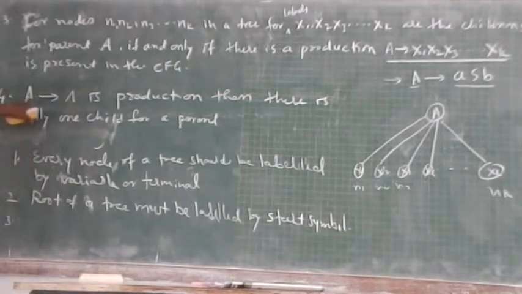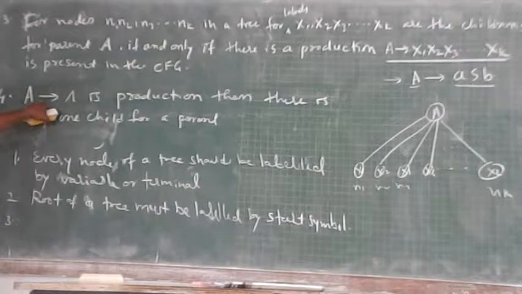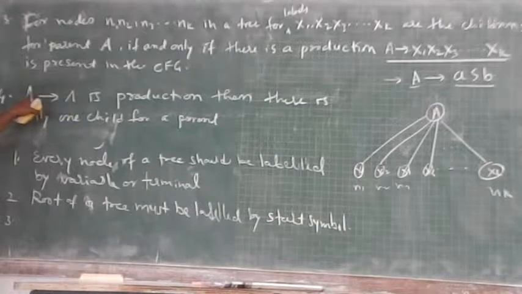If this is the production you have, then what kind of arrangement can you have? This is the only one child for the parent A.